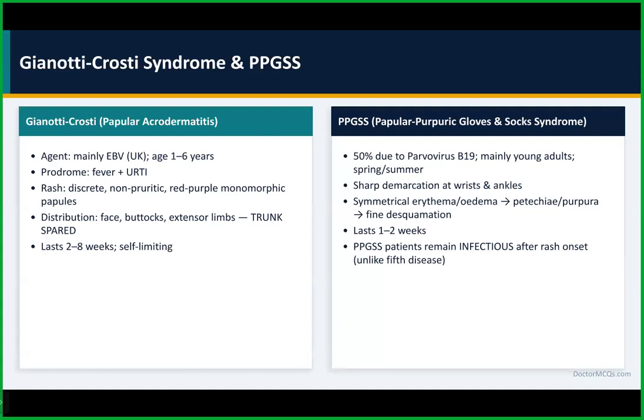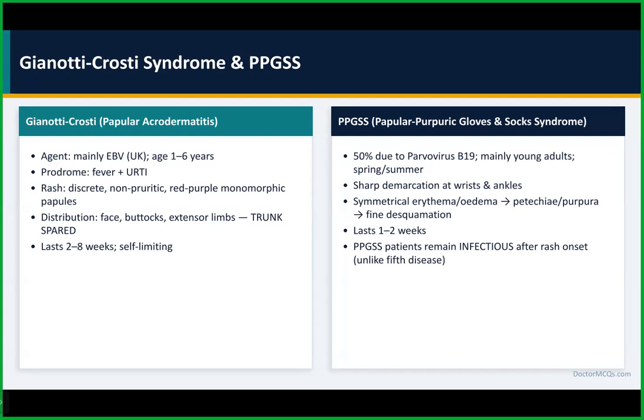Now, last but not least, Gianotti-Crosti syndrome, or papular-purpuric gloves and socks syndrome. So first is papular acrodermatitis. Its agent is EBV. Infectious mononucleosis also has a similar organism, and this one also has EBV. The prodrome is again fever and respiratory symptoms, and the rash will be non-pruritic, red and purple papules.